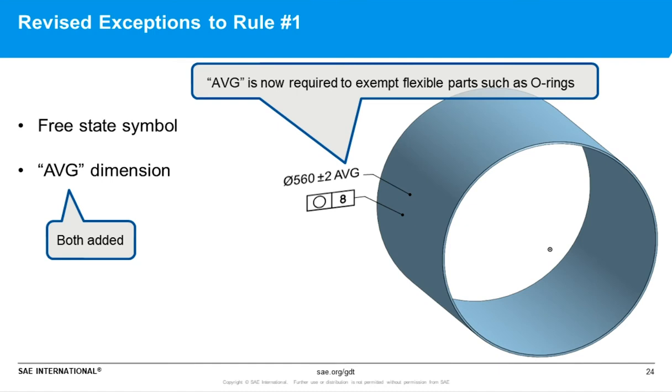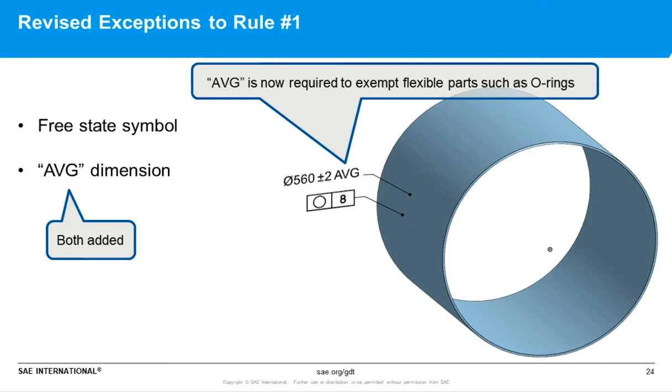And then also, exceptions to Rule 1 was revised. Now it includes the free state symbol and the average diameter. Okay. So as we see here on the right, we have the average diameter. So that means this part, when measuring that OD, is exempt from Rule 1. In the past, you would have to specify a restraint note, or you'd have to use the independency symbol.